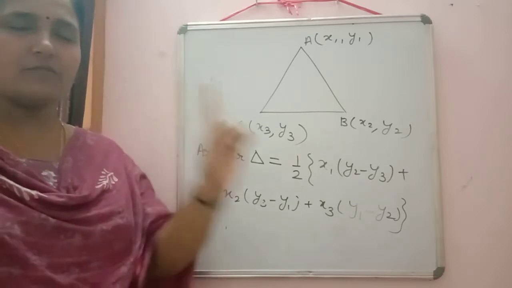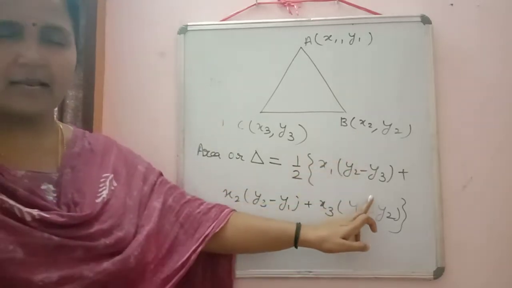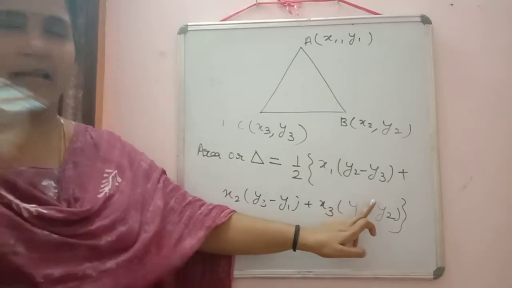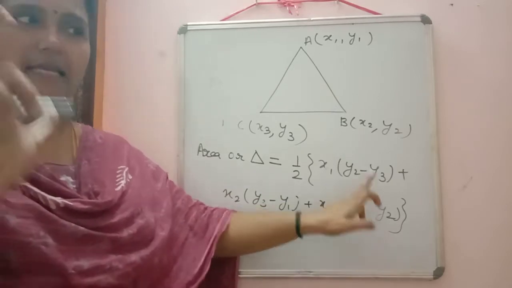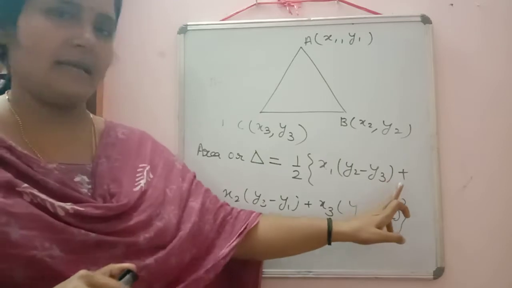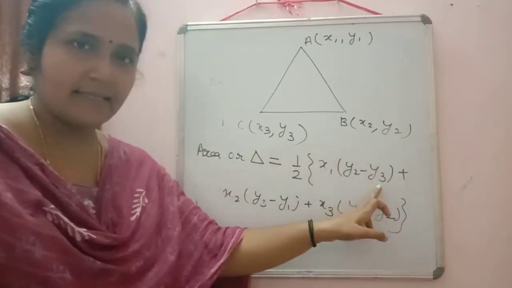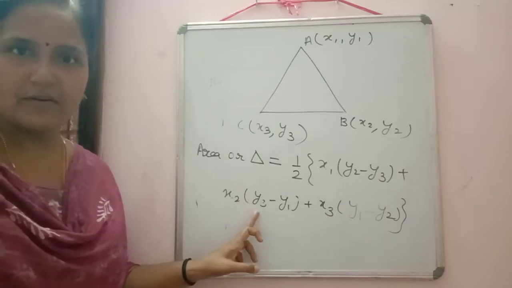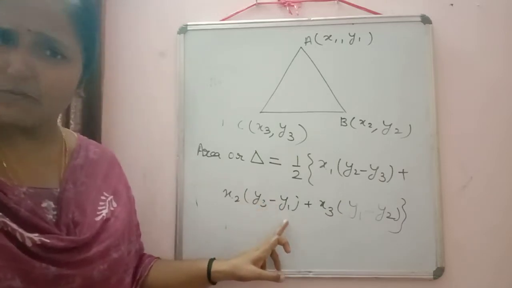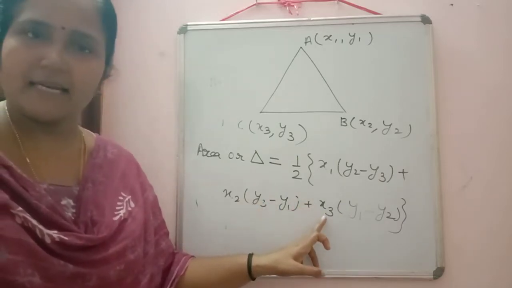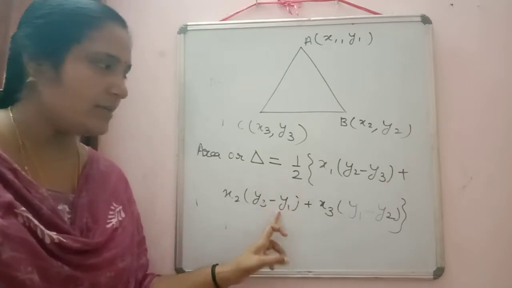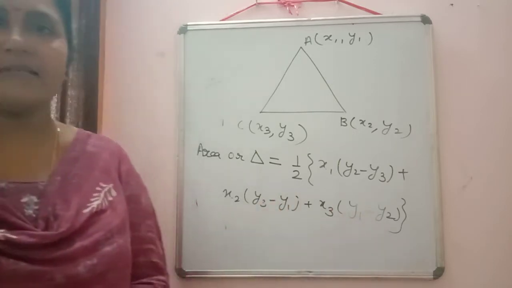Remember the sequence 1, 2, 3. If x1 comes, then inside the bracket y1 will not come, it is y2 minus y3. Then plus x2, we stopped at y3, so we start with y3: y3 minus y1. Plus x3, we stopped at y1, so it will be y1 minus y2.